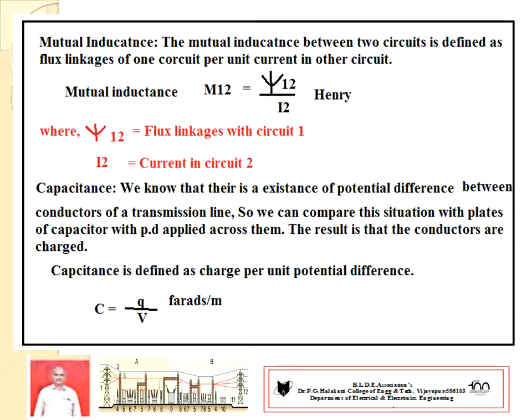In general the capacitance may be defined as charge per unit potential difference, so C equals Q by V, farads per meter. This is also one of the relations required during the estimation of capacitance.